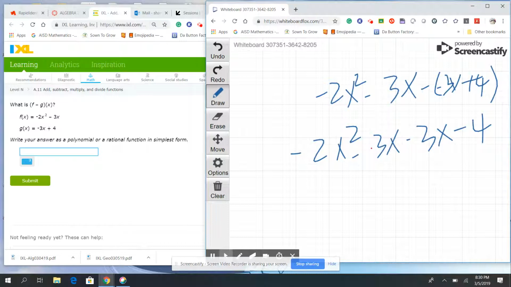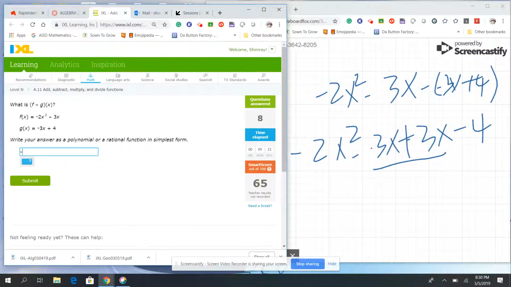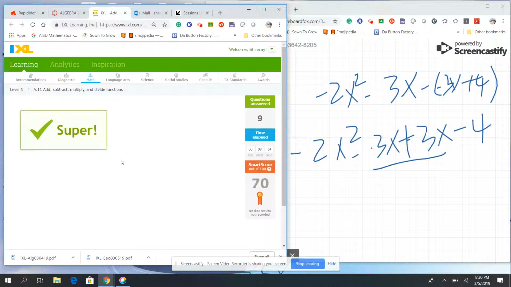So negative will be positive, right? So it's minus 3x plus 3x. So then this one is cancelled out, right? So then your final answer will be negative 2x squared minus 4, since the middle term is cancelled out.